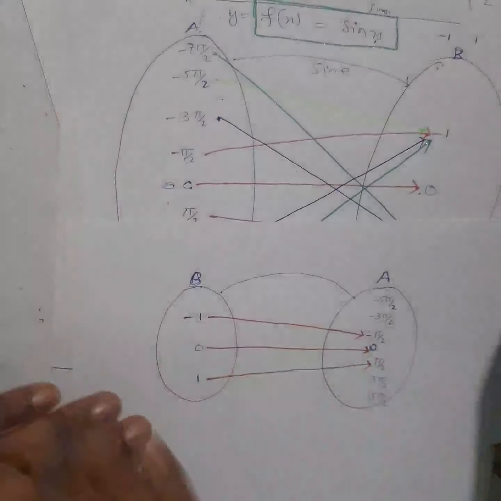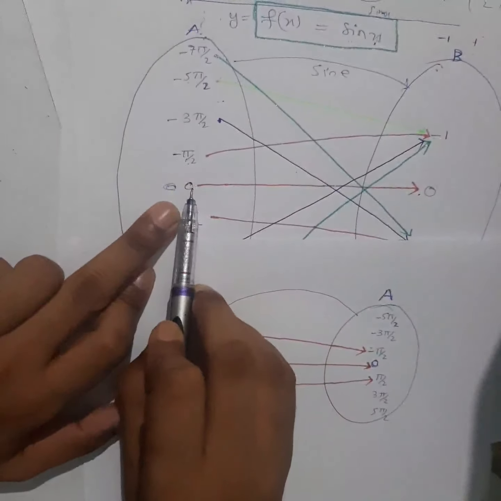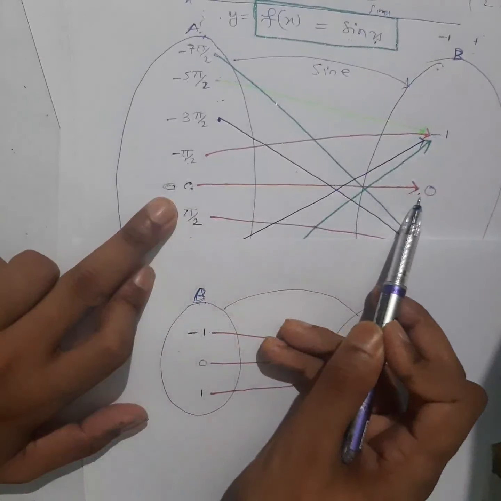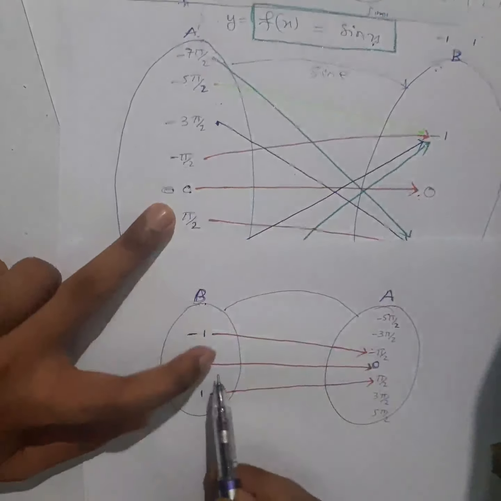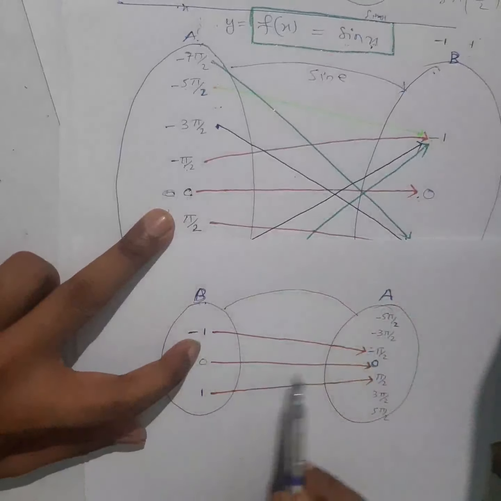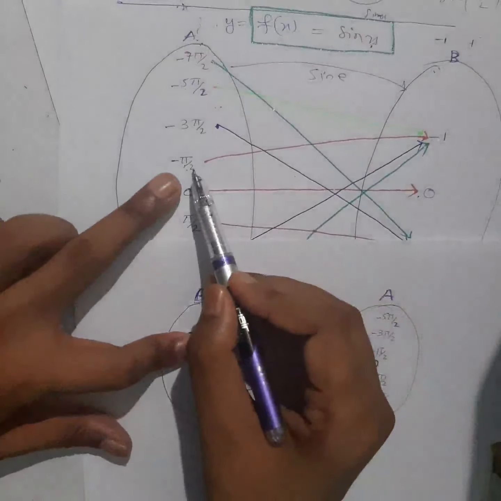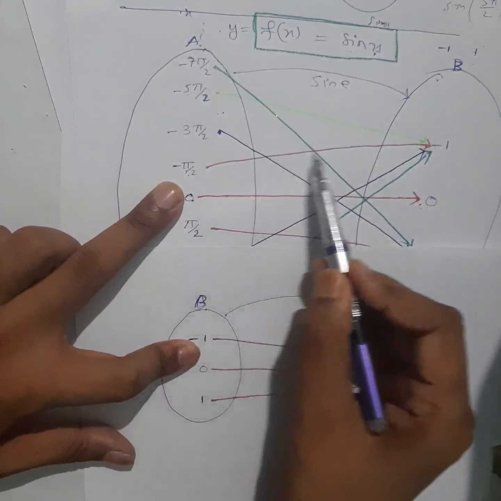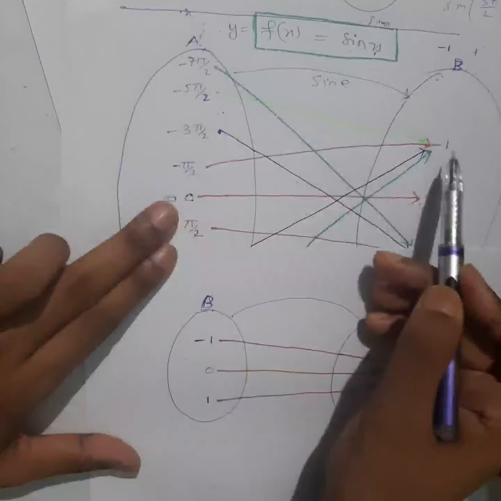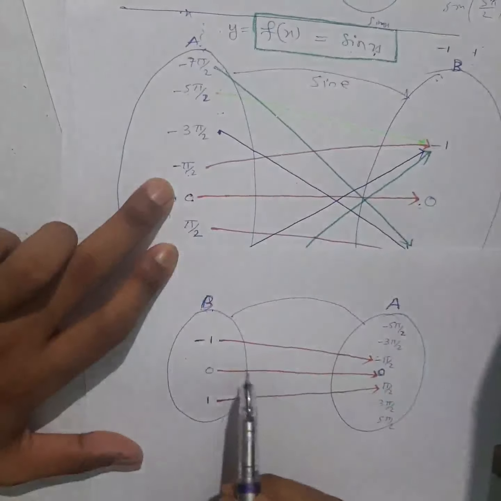So see here, this is your B, this is your A, right? Now when I make inverse, image of 0 was 0, so when I reverse it, image of this 0 will be 0. Here image of minus pi by 2 was minus 1, so when you reverse it, minus 1 image must be minus pi by 2.